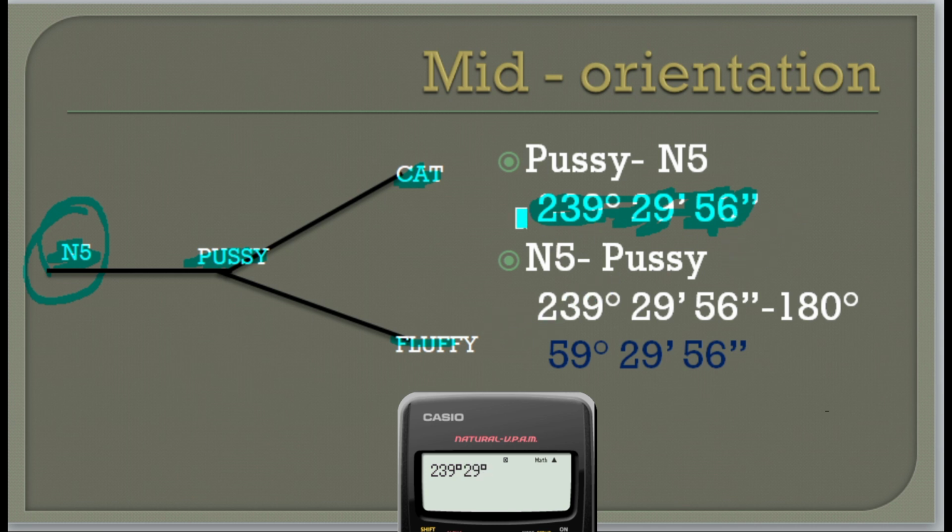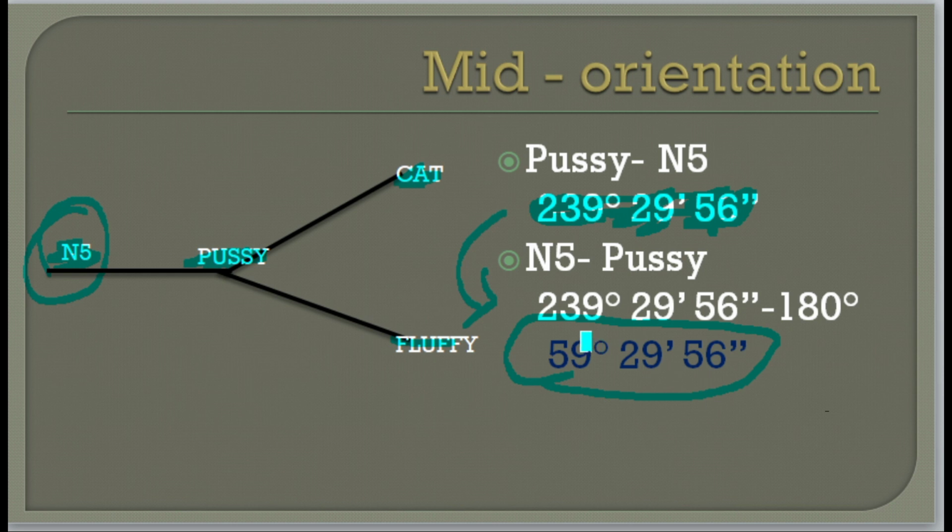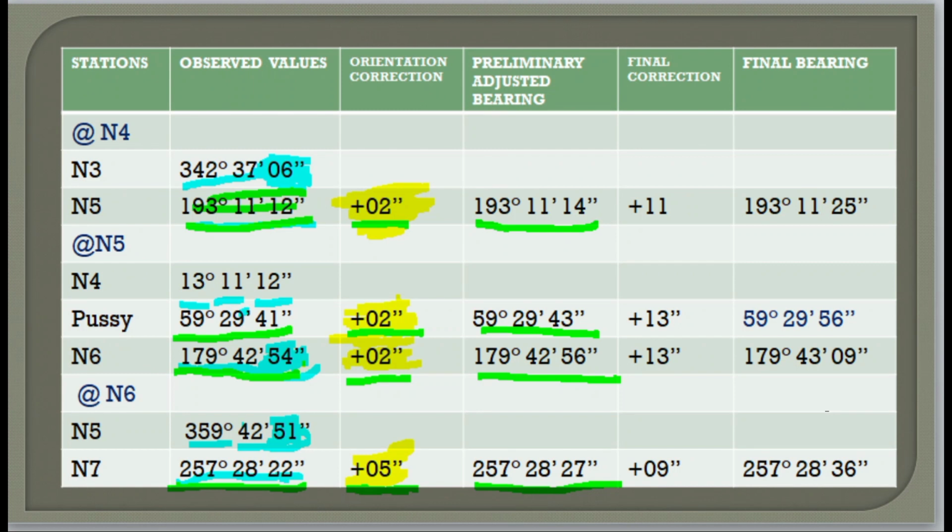Then in order for us to get the back bearing, from N5 to the pussy, we subtract 180 degrees and our back bearing becomes 59 29 56 seconds. So this is the data that we are going to use as the correct datum observed, the datum bearing of our mid orientation section.